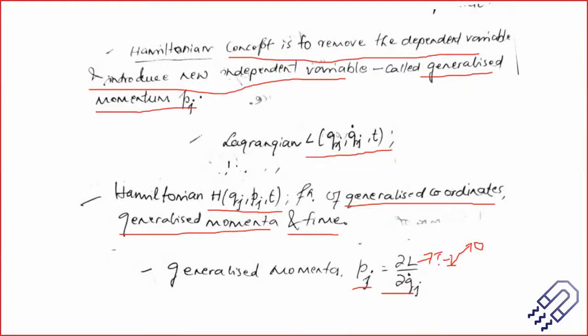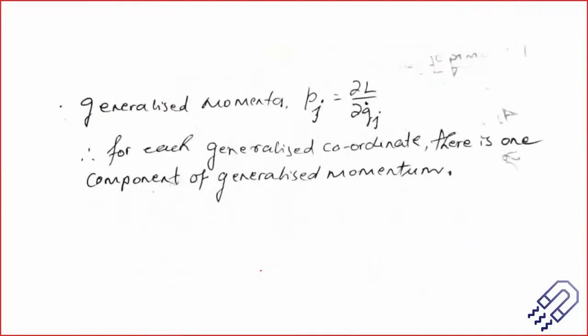T is half m qj dot square, or half mv square. When you differentiate it, the final result is mx dot. That is the momentum, and that is why it is called the generalized momentum. We have already derived this, so don't get confused that I have written it all of a sudden. Please have a look at the last class.